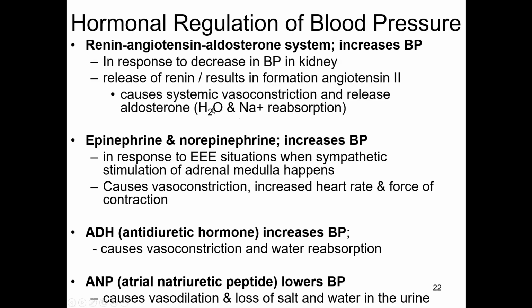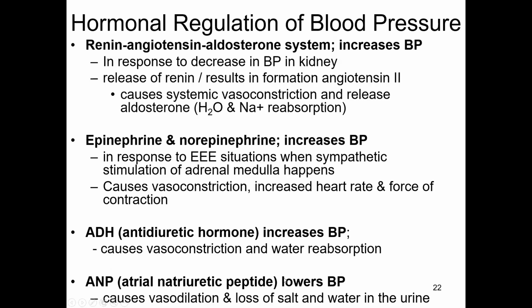And on top of it, we are increasing cardiac output because of the water reabsorption into our blood vessels. So these are the three ways a falling, decreasing blood pressure can be reversed through the action of these three sets of hormones.